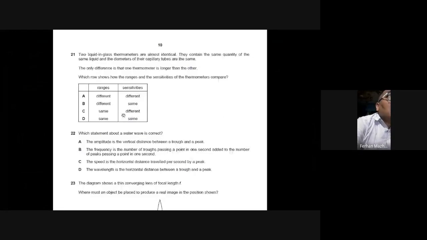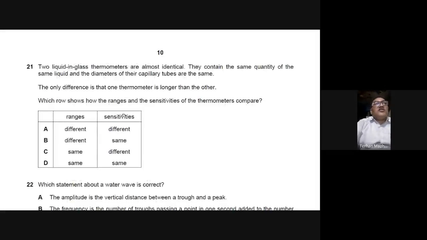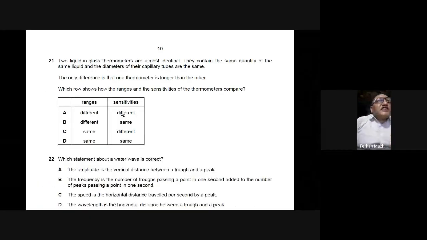Question number 21 is on your screen, and it says two liquid-in-glass thermometers are almost identical. They contain the same quantity of the same liquid, and the diameters of their capillary tubes are the same. The only difference is that one thermometer is longer than the other.